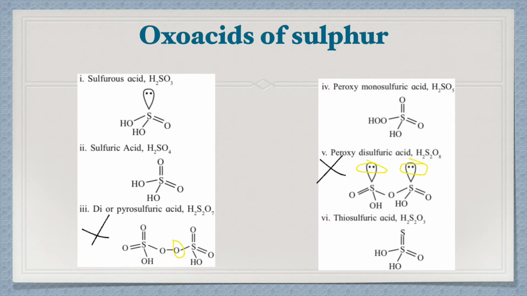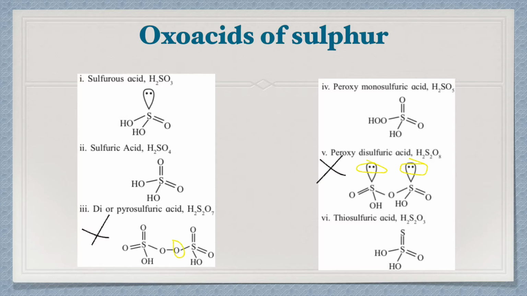One oxygen cannot be simply there, so one more S double bond O will be there. Now count, S is having how many bonds? 1, 2, 3, 4, 5, 6. So there will be no lone pairs in this structure. Okay, so hopefully it is understood. This too is very important for reference. Always remember, sulfurous acid is H2SO3, sulfuric acid is H2SO4. By this reference we can find out other structures.